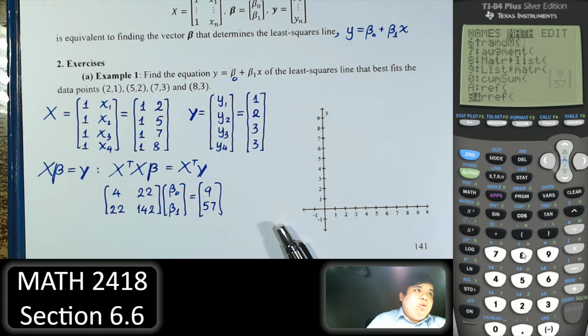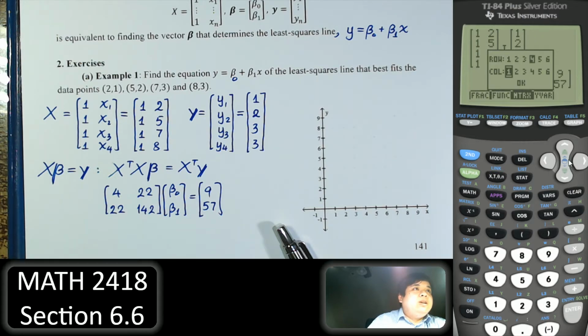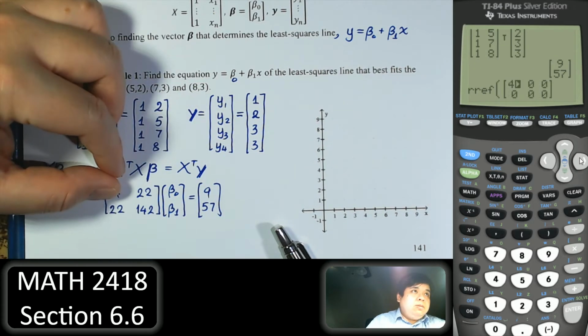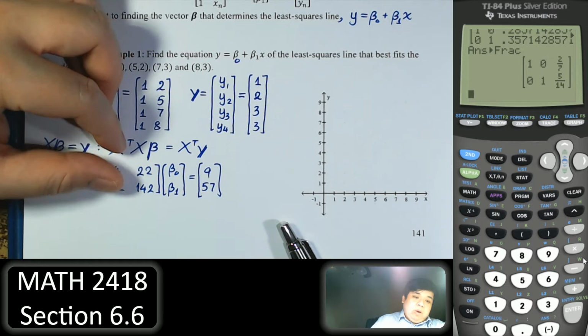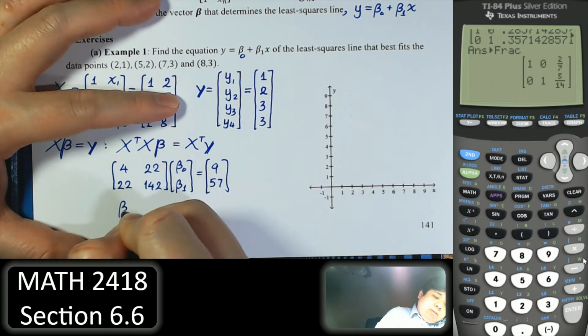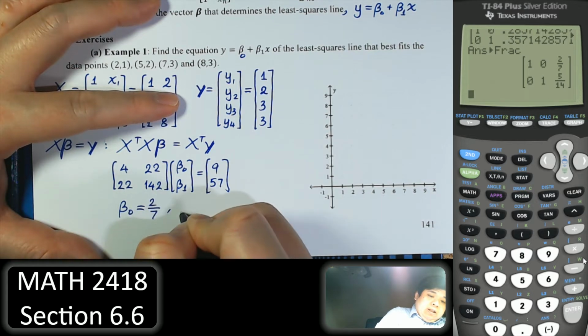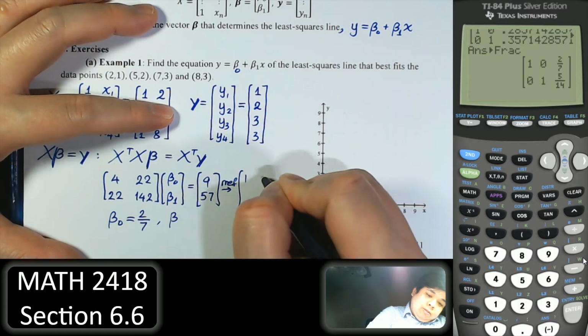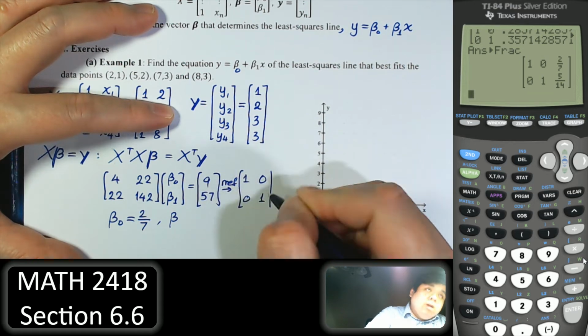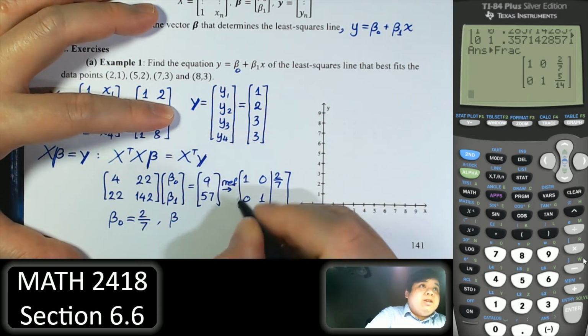The most efficient way, of course, is reduced row echelon form.